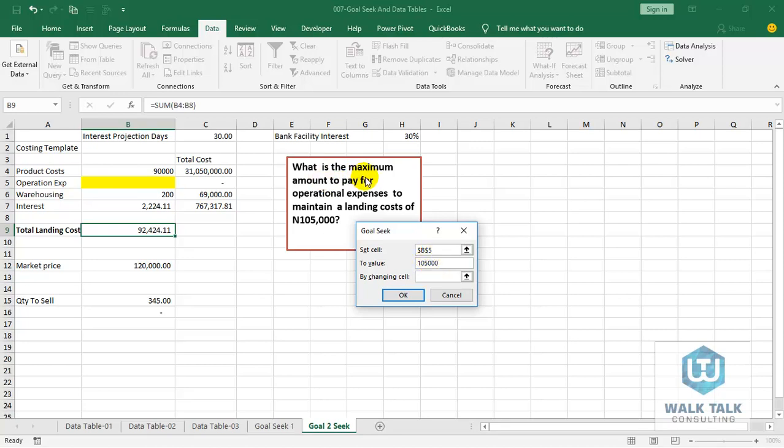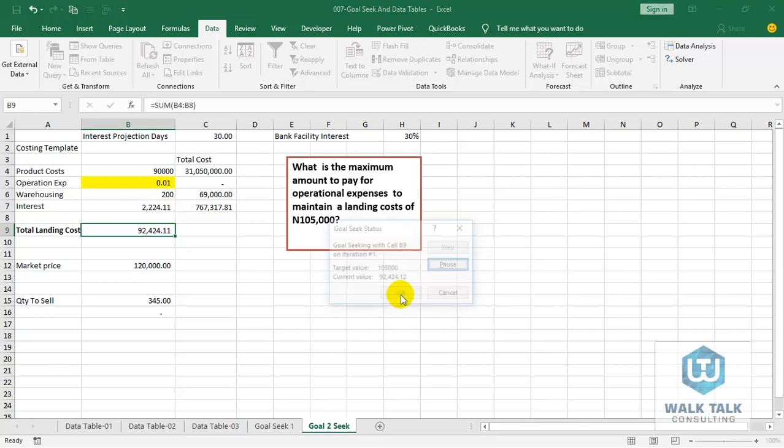What's the maximum amount to pay for operational expenses to maintain a landing cost of 105? This is my landing cost. The set cell is my objective, and I want to set it to 105. I want to maintain a landing cost of 105, and this is the market price. So the changing cell is the unknown value I'm looking for, the operational expenses.